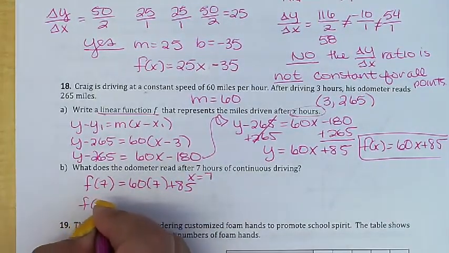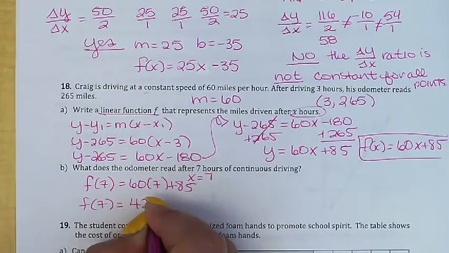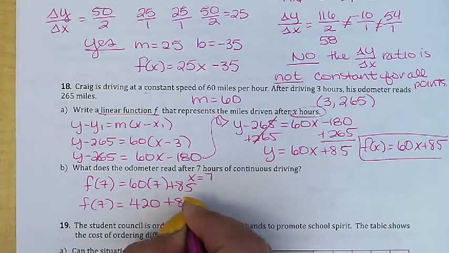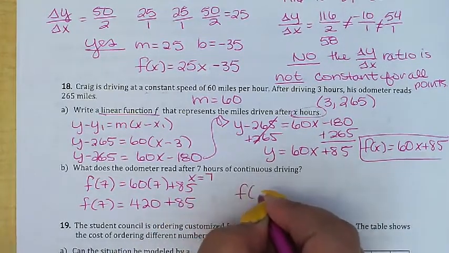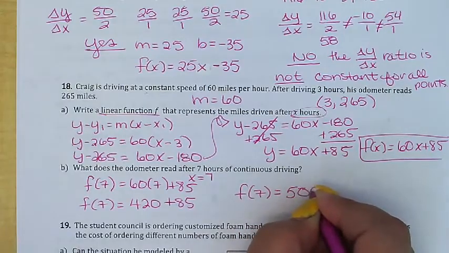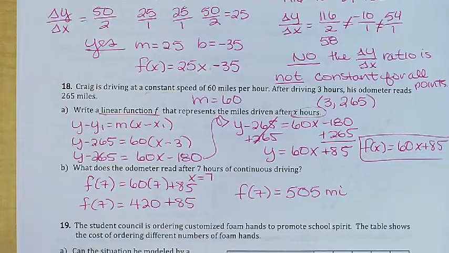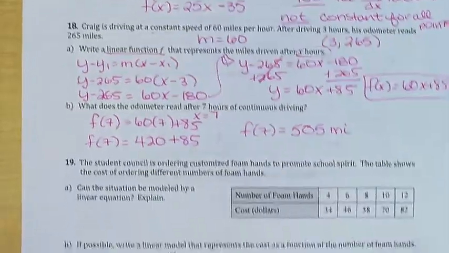So after 7 hours, 60 times 7 is 420, plus the 85 would mean that the odometer after 7 hours would be reading 505 miles. So after 7 hours, the odometer would read 505 miles, okay?